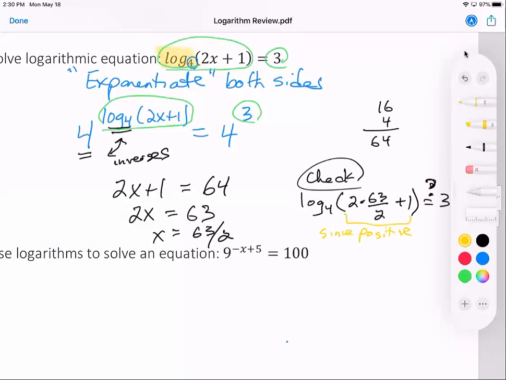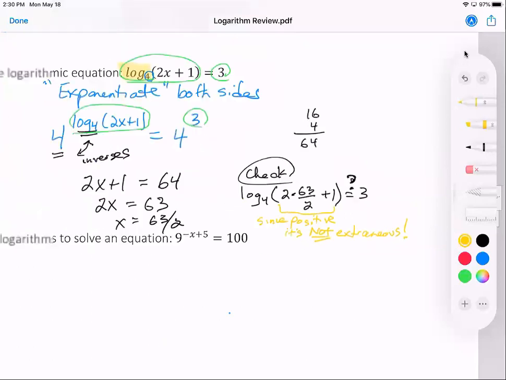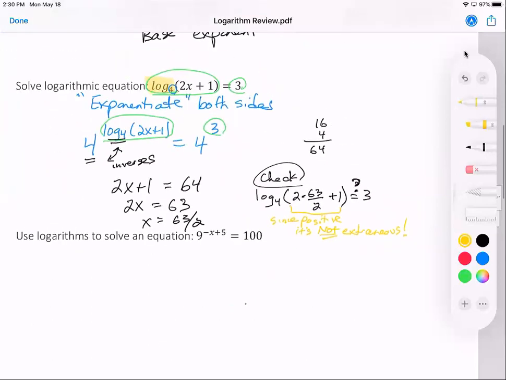Since it's positive, it's not extraneous. So our answer is, circle in red, 63 halves.